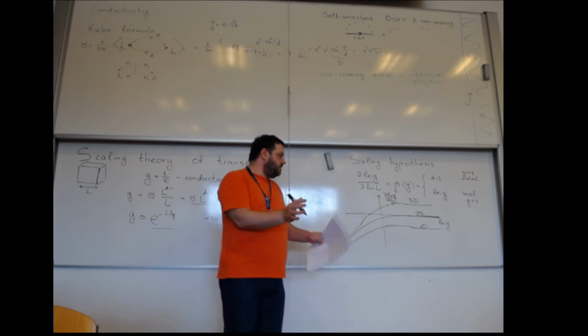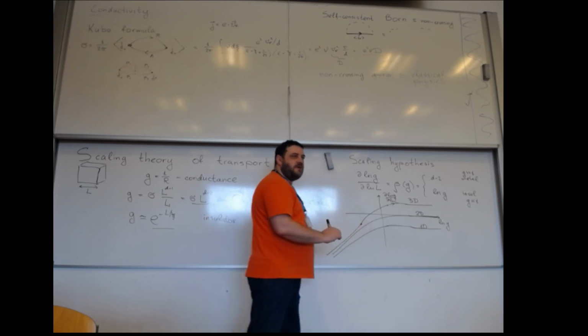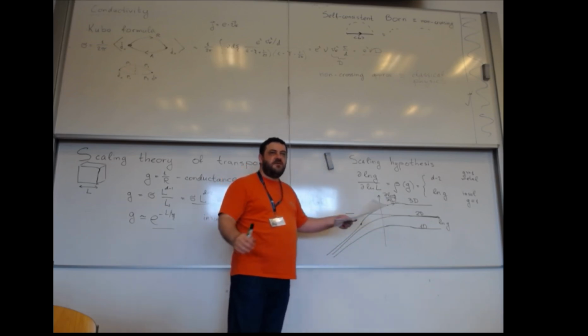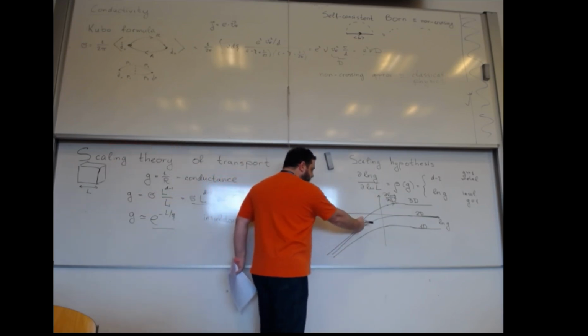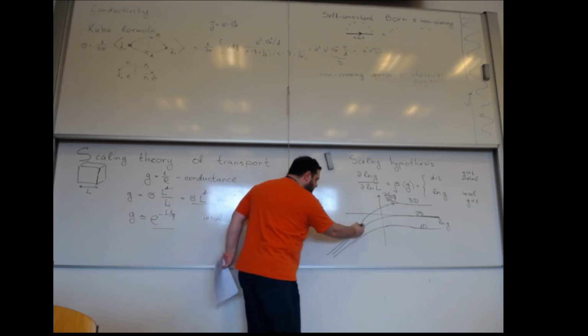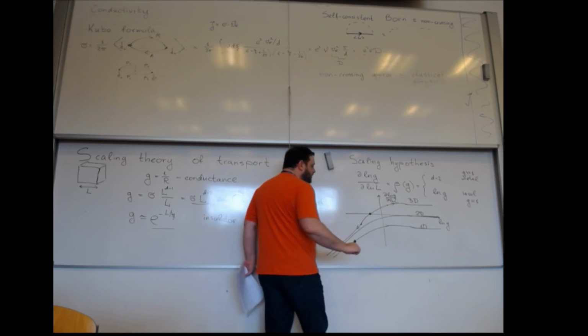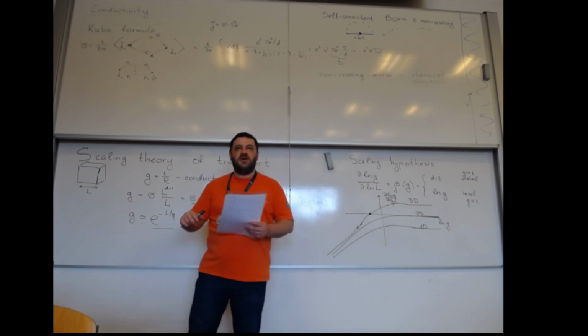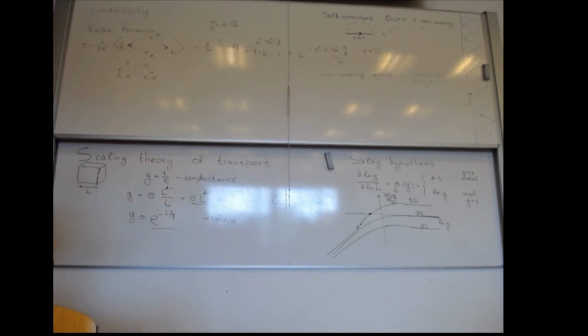And if I have a sample whose conductance is somewhere here, where the derivative is negative, I start increasing the size of the sample, the derivative is negative, so I go in the negative direction. So the point where this function crosses 0 is the phase transition point between what we call a metallic state and what we call an insulating state.